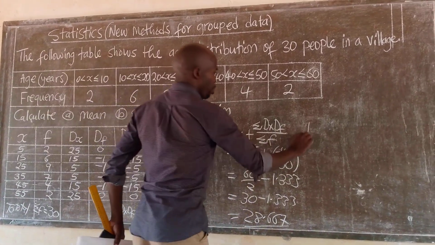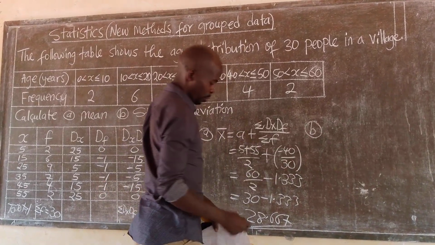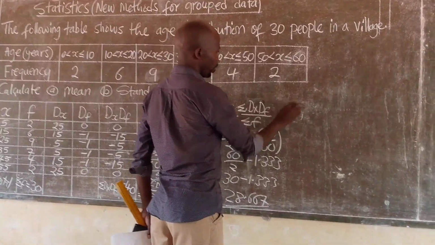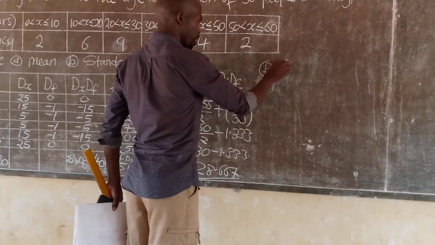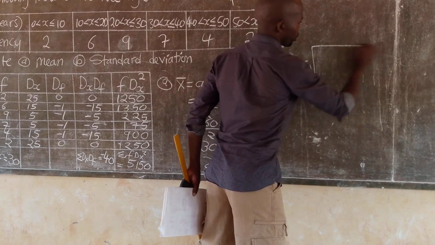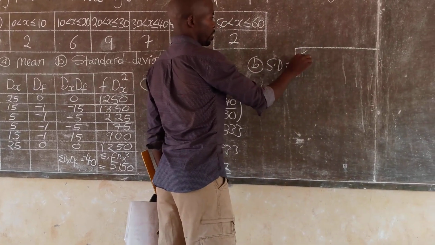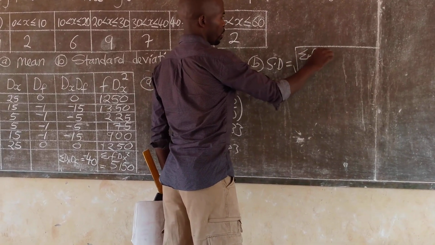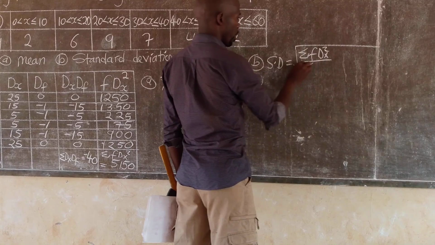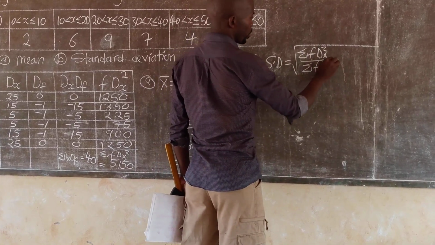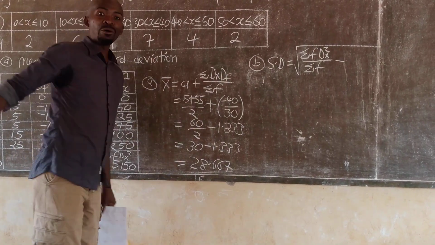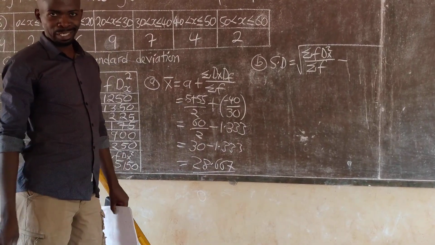Then we go to part B, where we are requested to find the standard deviation. So the formula that I came up with for standard deviation is this one here. Summation of f dx squared, we divide by summation of frequency, minus this part, which I also call the statistical factor.